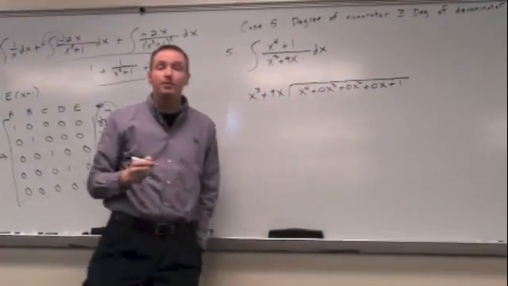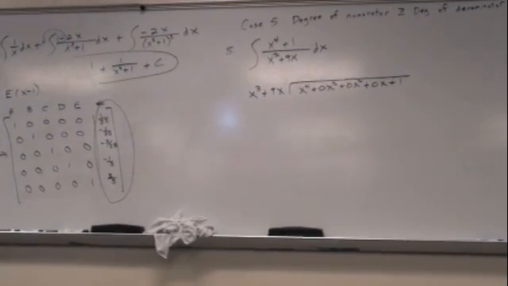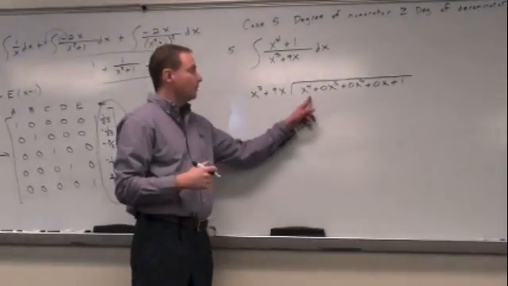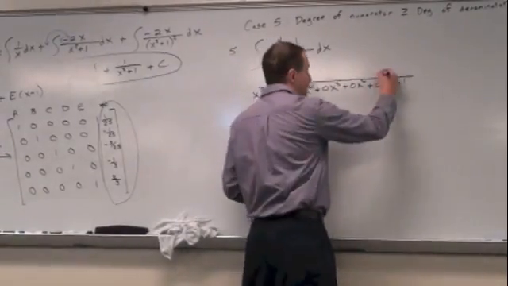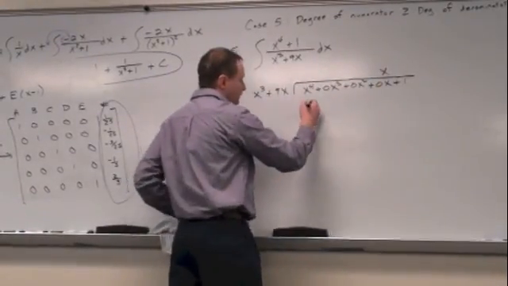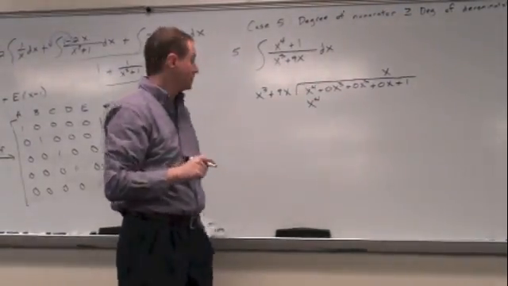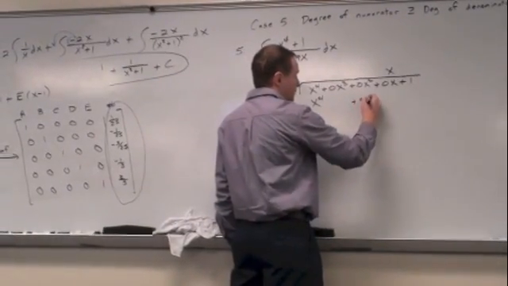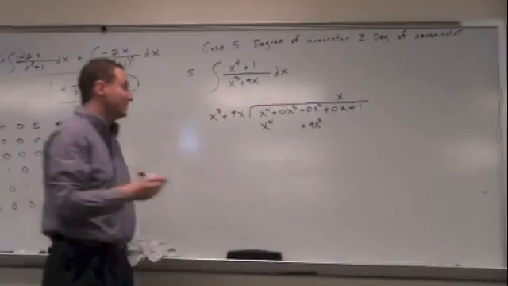Now, I went ahead and put placeholders for all the variables, and you don't really have to do that. It's probably good to, but you don't have to. x cubed goes into x to the 4th x times. I'd go over my x term here. x times x cubed is x to the 4th. x times 9x is going to give me 9x squared.